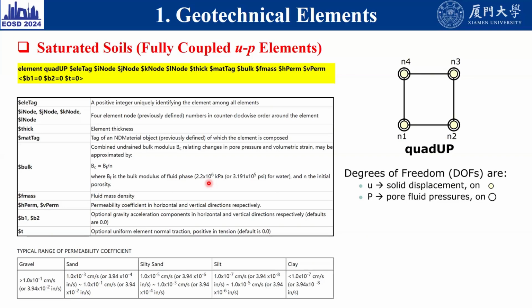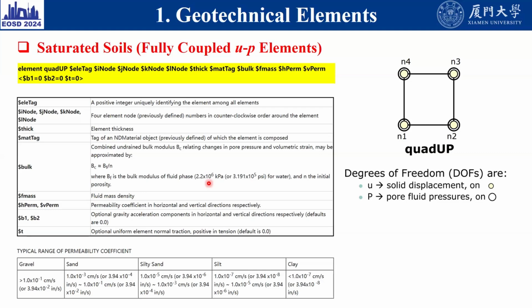As I just mentioned, this is a fully coupled UP element. You have soil, you have water, right? So during shaking or during other loading conditions, the water will pass through the particles. So you have to specify a permeability value. For gravel or for sand, the particle size is large.